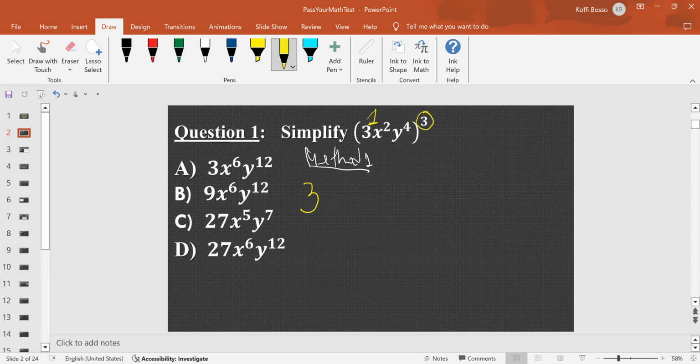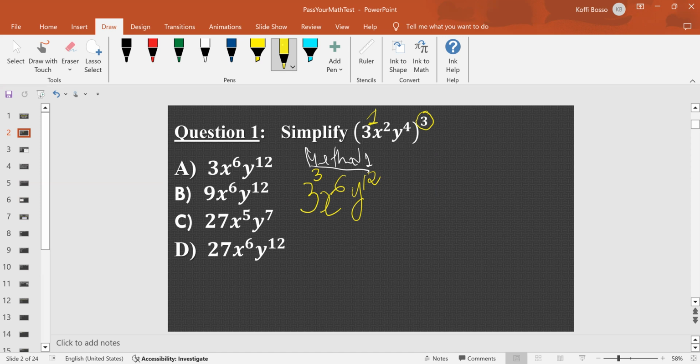So I'm going to have 3 raised to the 3rd power, x raised to 6, where the 6 came from the power 2 inside multiplied by 3 outside, and the y will be 12. Why 12? Because 4 multiplied by 3.